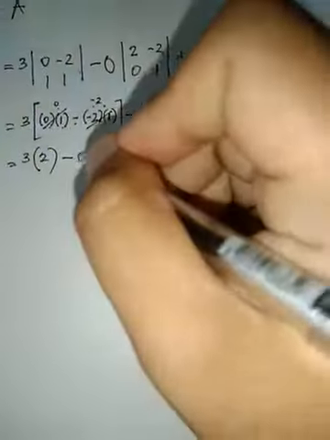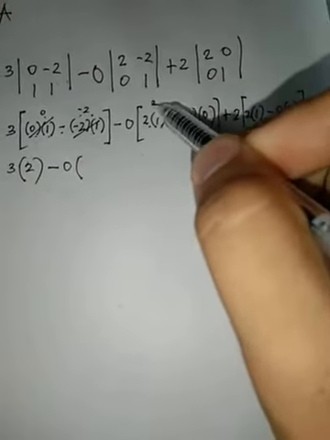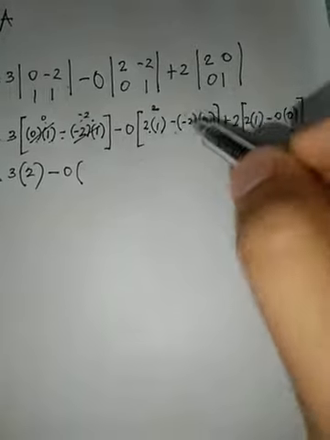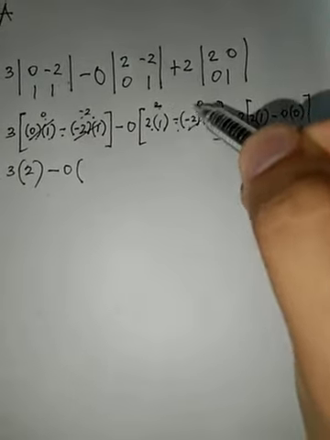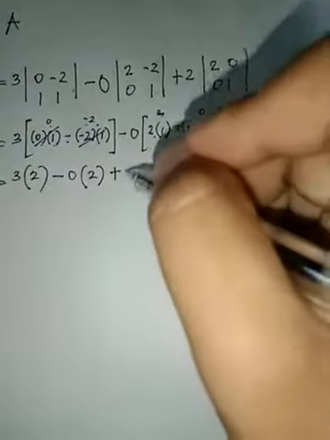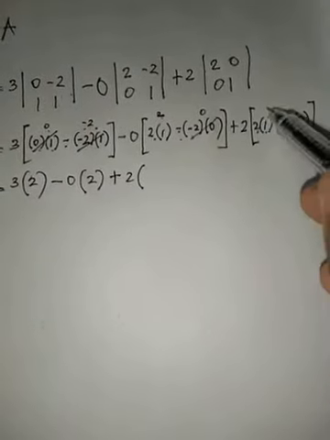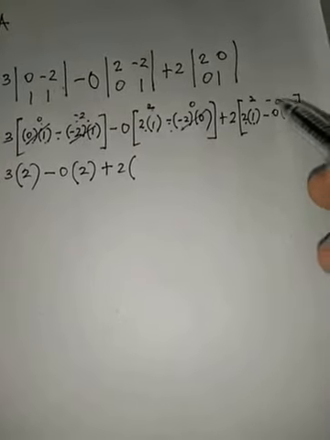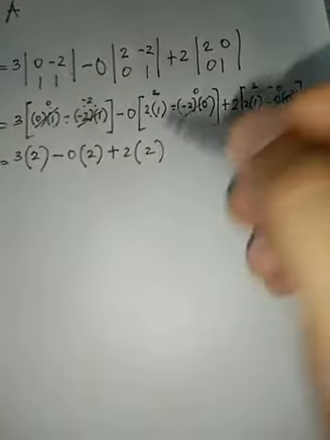Minus 0 times, diba? 2 times 1, 2. Minus, so negative 2 times 0, so 0. So 2 minus 0, it's 2. Okay? Plus 2. So this 1 is 2 times 1, it's 2. Minus 0. Tama? So the result is 2.